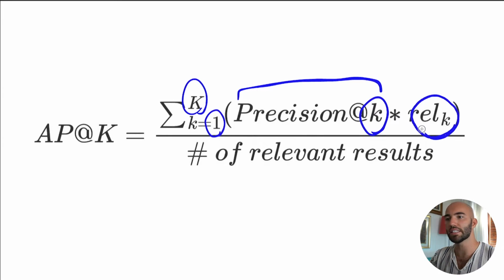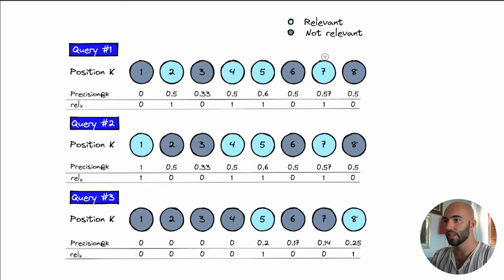What this is doing here is called a relevance parameter, and it's looking at the relevance of the item at position k. So here we have our precision values that we have calculated, and this here is a lowercase k, by the way, not capital. The relevance score for each one of these, if it is not relevant, is 0, and if it is relevant, is 1.